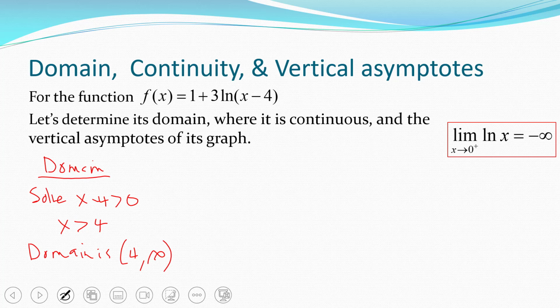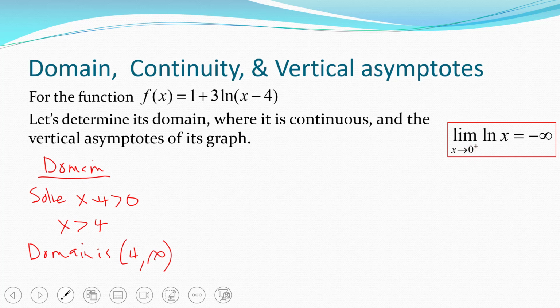Now, you might wonder then where the vertical asymptotes are. Well, that's where we need to know this guy. So we know from this statement then the only possible place where we can get a vertical asymptote is where the input is near 0.